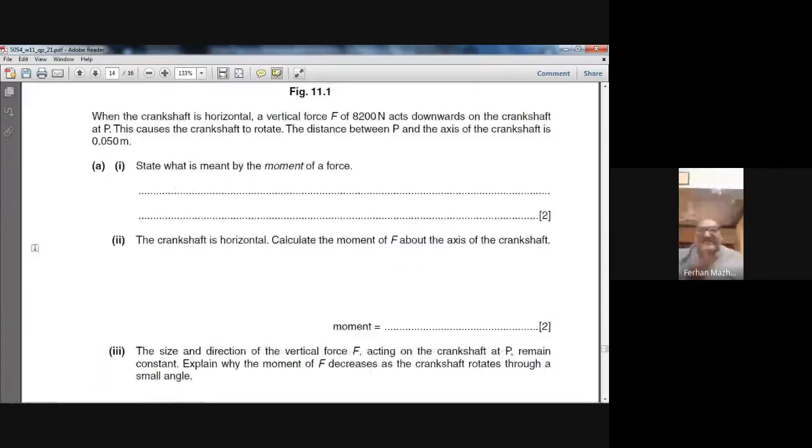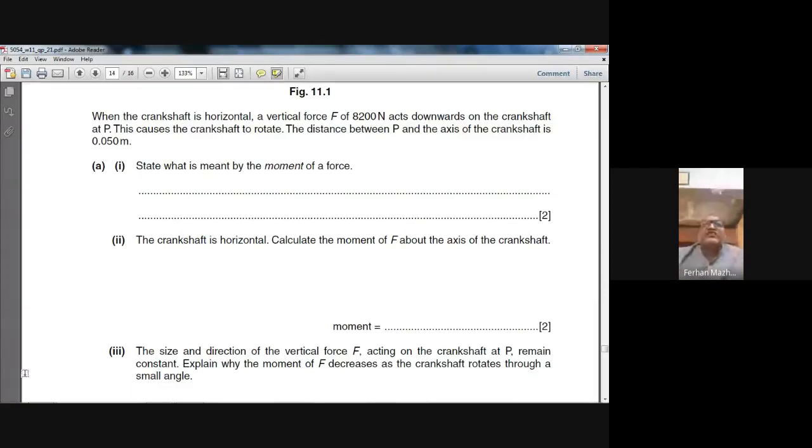The moment of a force is the product of force and the perpendicular distance between the line of action of the force and the pivot. It's a two marks definition.